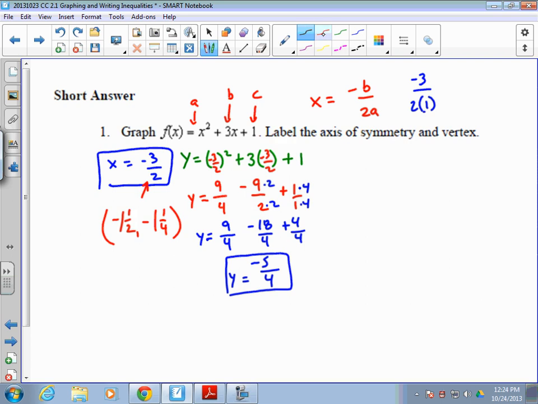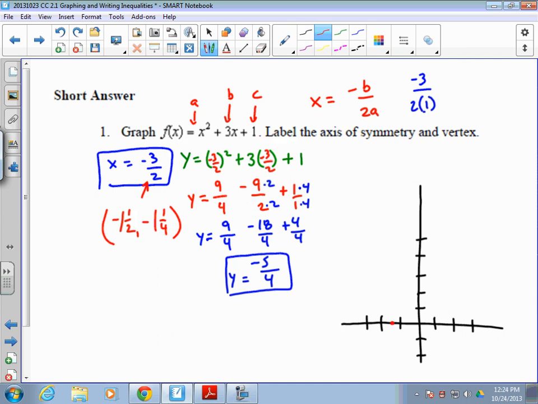So when you graph your quadratic, your x equals negative 1.5. Draw ourselves a few tick marks to where we can show everything we need to show. Negative 1.5 is going to be our axis of symmetry.